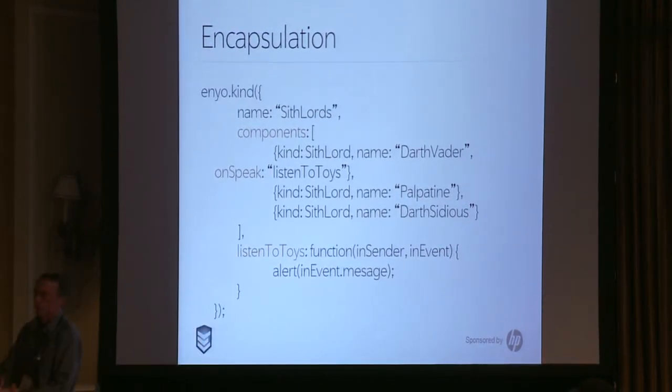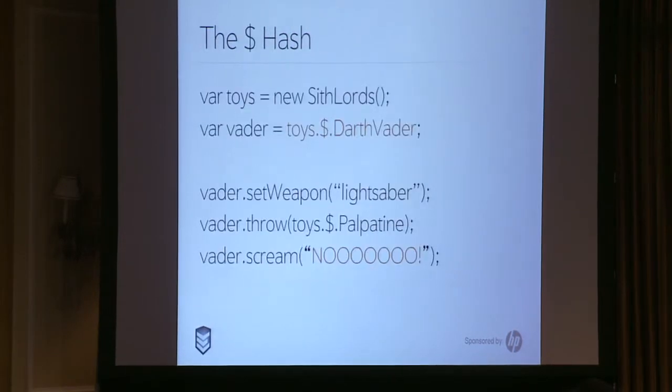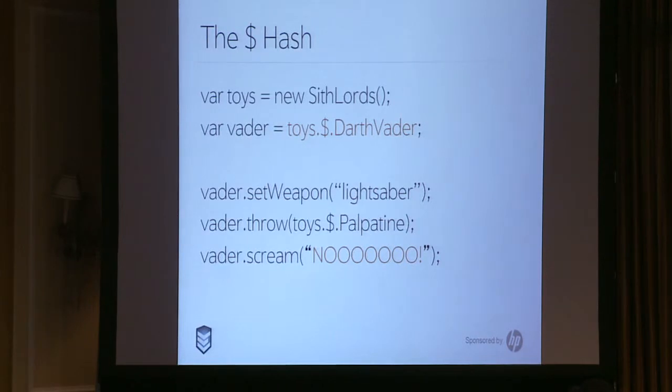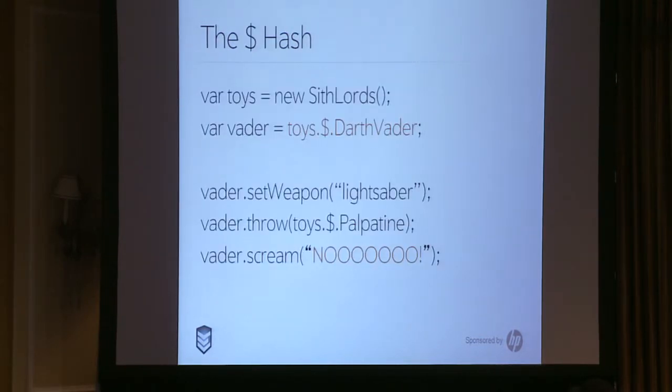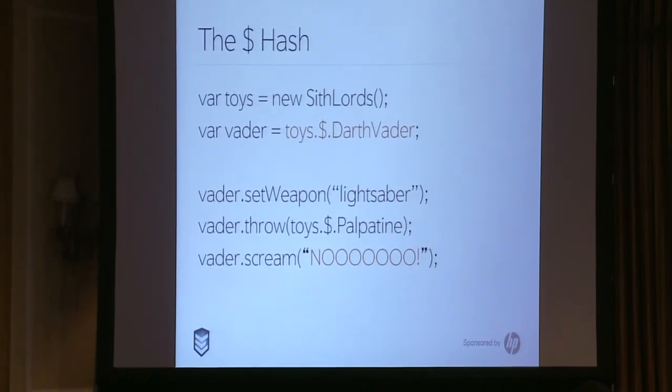But outside, if I'm just making these objects and dealing with them in script nodes or whatever, I can say, make a new Sith Lords. I know it has a components block in it with a name Darth Vader, so toys.$.DarthVader is who I'm setting that variable to. Then you can see it's not in there, but we'll pretend there was a published property called weapon. I'm going to set weapon to lightsaber, throw the Palpatine Sith Lord and scream, "No!" Again, another example from our hilarious lead architect, Ben.